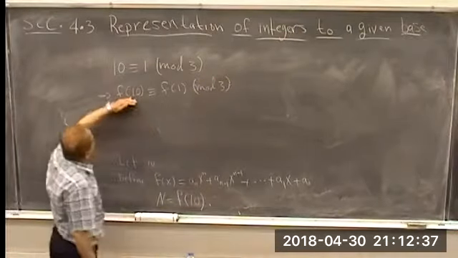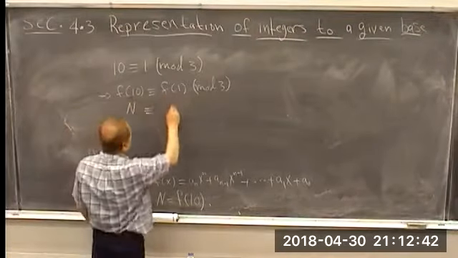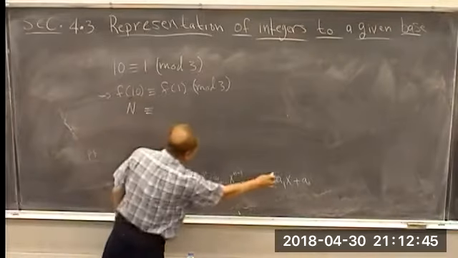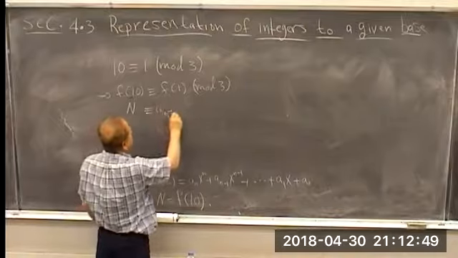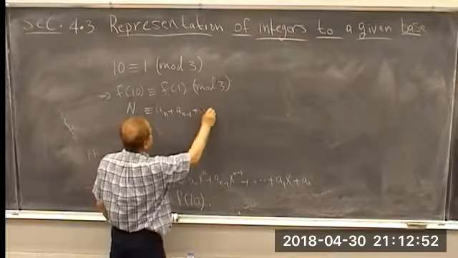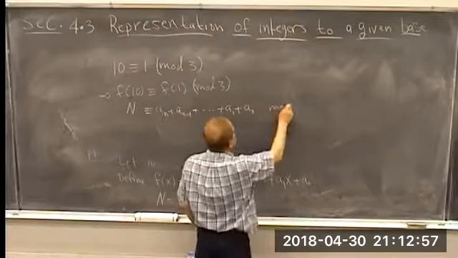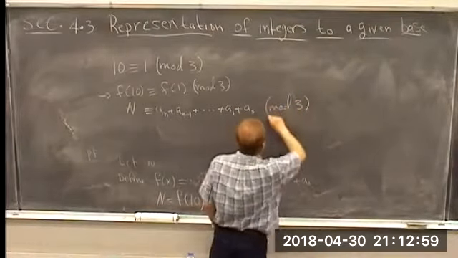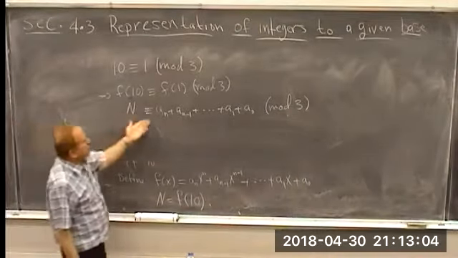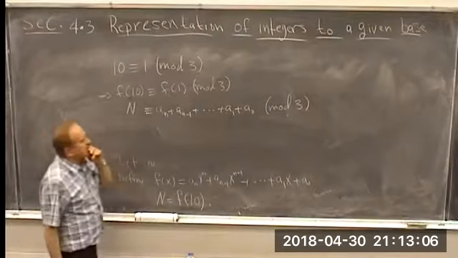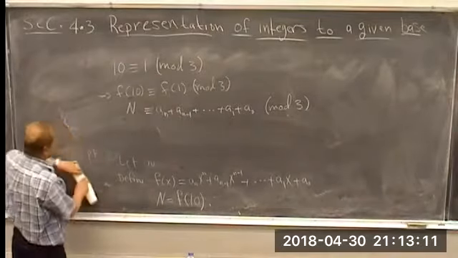But f of 10 is n itself. F of 1, if you substitute x by 1, you're going to come up with the sum of the digits, mod 3. Now remember that when two numbers are congruent to each other mod a certain number, then they leave the same remainder when divided by 3.